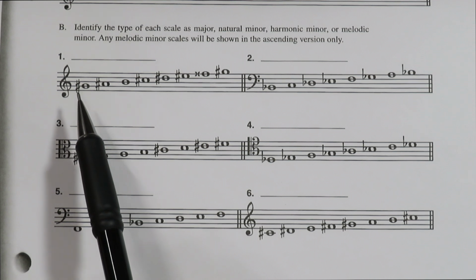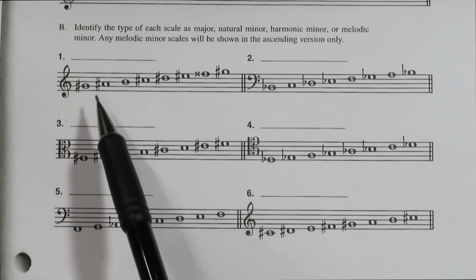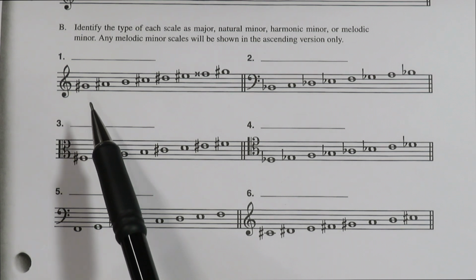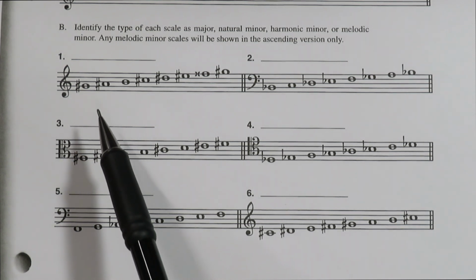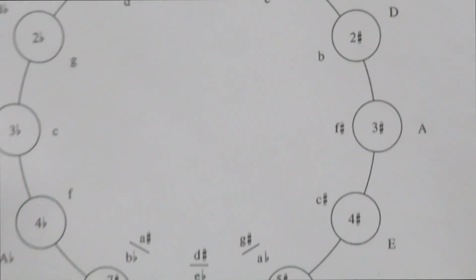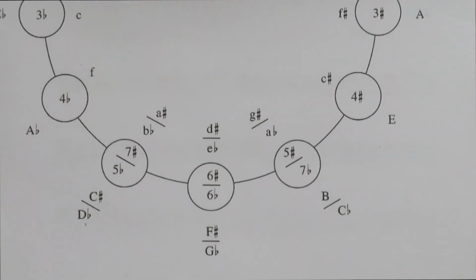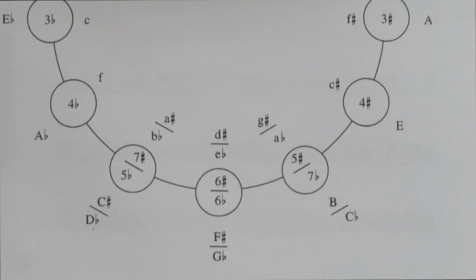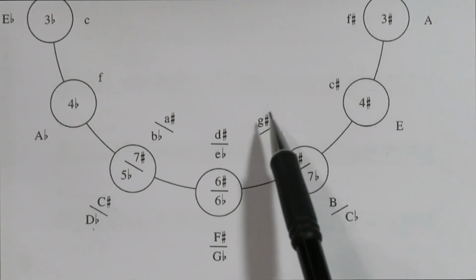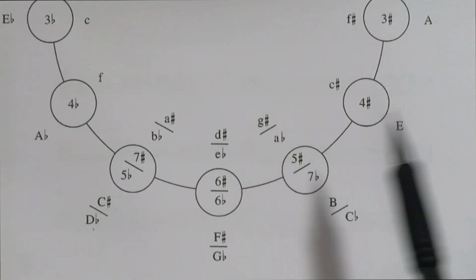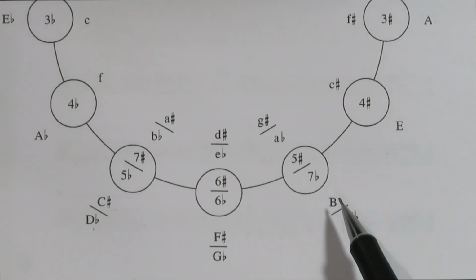Okay, so we know there's no G sharp major scale, so I'm assuming that this will be minor. And if we look here, we can see that G sharp minor has 5 sharps and it's relative to B major.